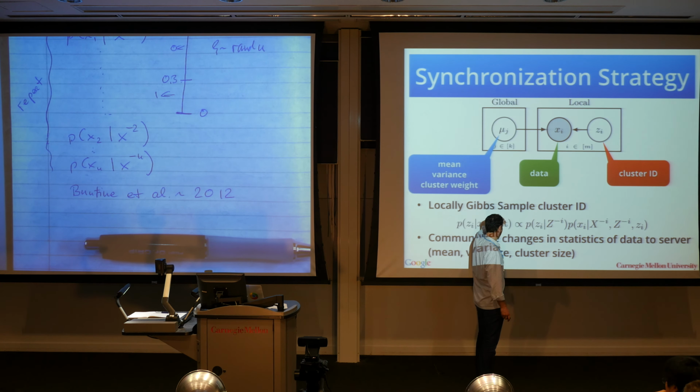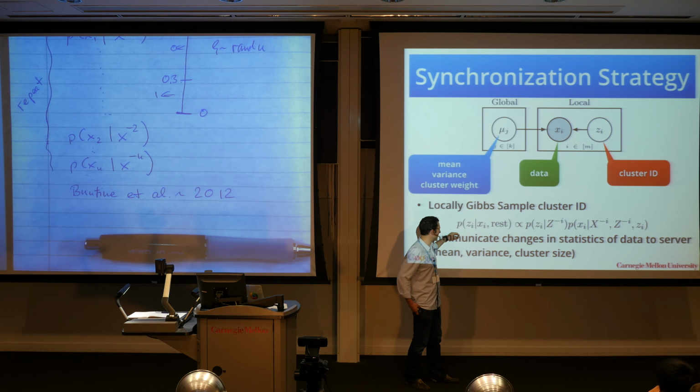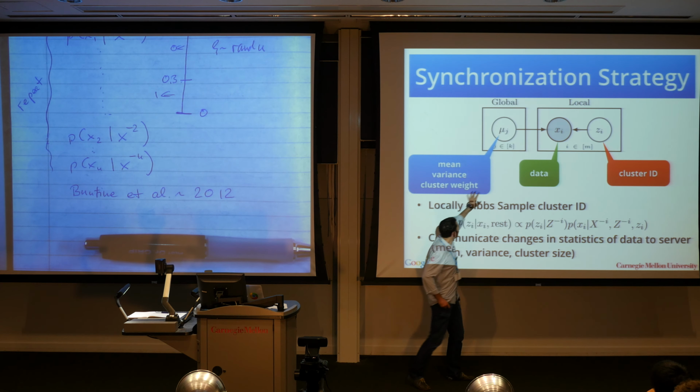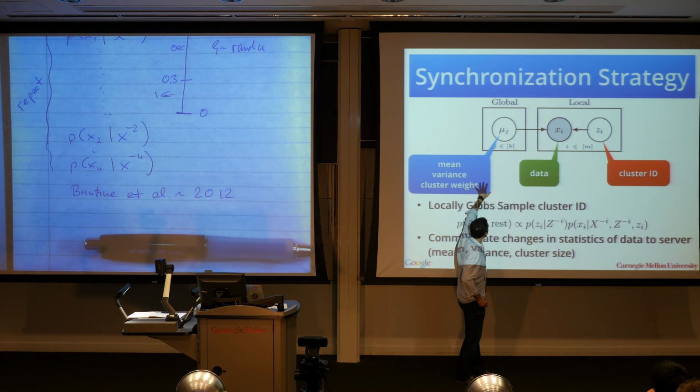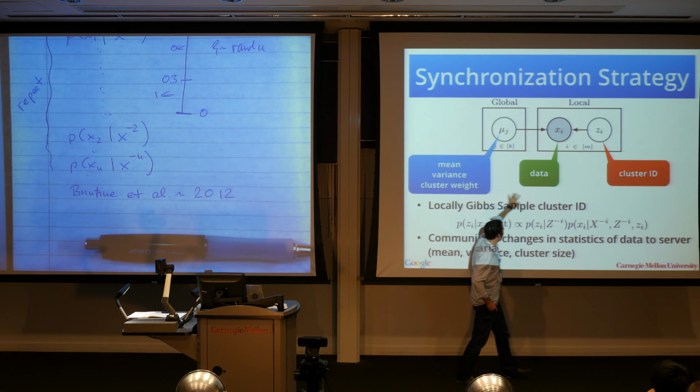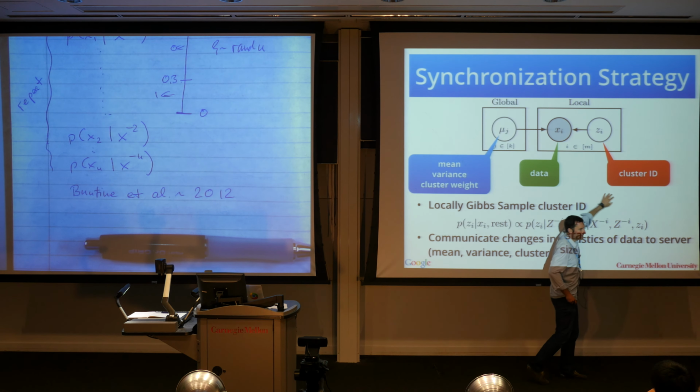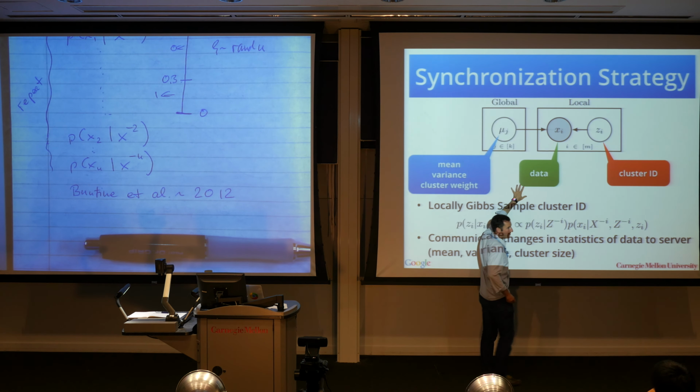Well, actually, as it turns out, you can integrate out some of the global terms, and then I just have to deal with sufficient statistics. But this is actually quite a bit beyond the scope of this class. So basically, there is a trick for how you can deal with these terms implicitly. And the only thing you really care about is the data and the cluster IDs. And then you need to synchronize some parameters, which are just functions of these two terms, between machines.